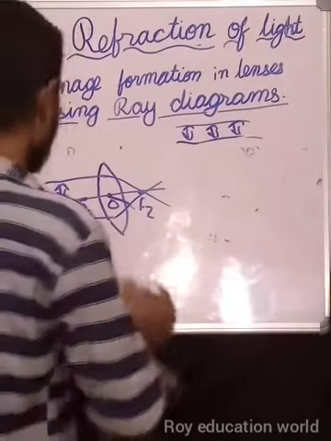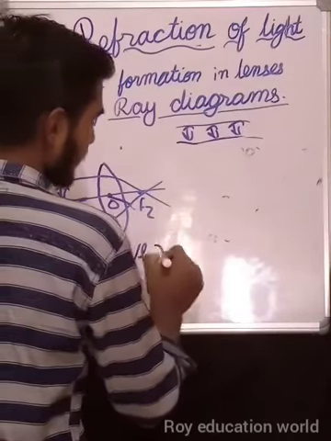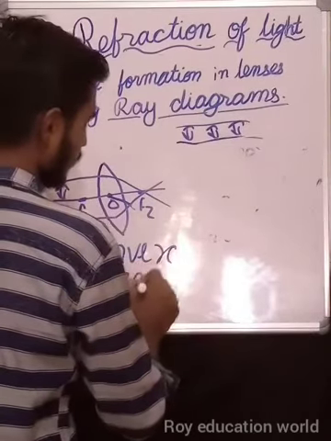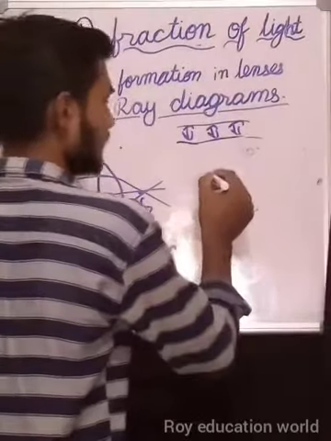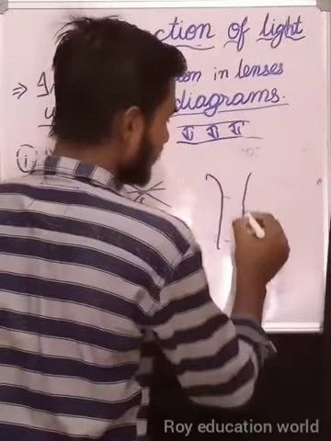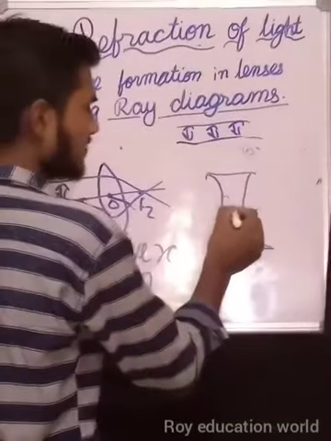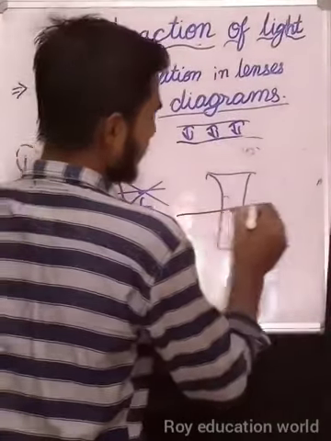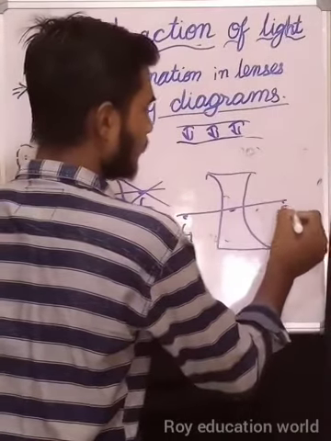That is in case of a convex lens. And in case of a concave lens, it is the optical center, and this is C1 and this is C2.